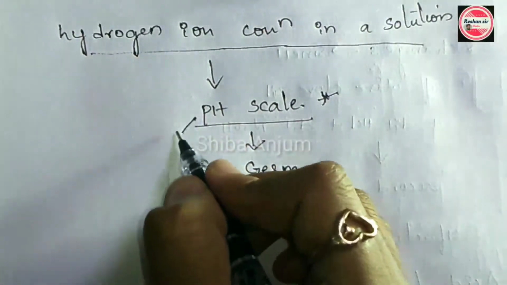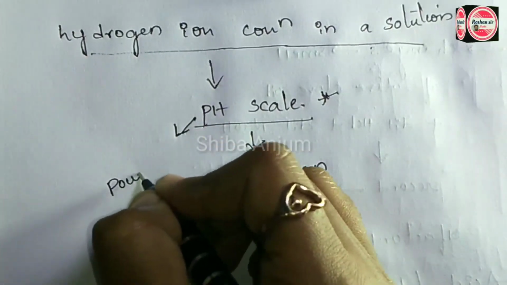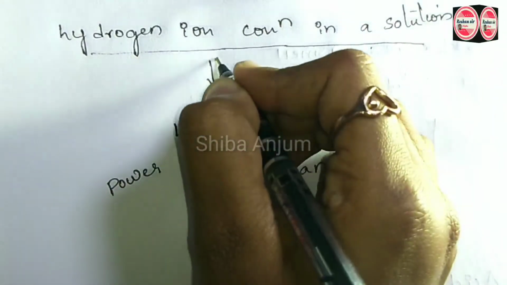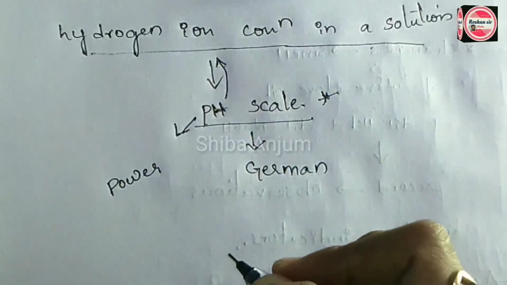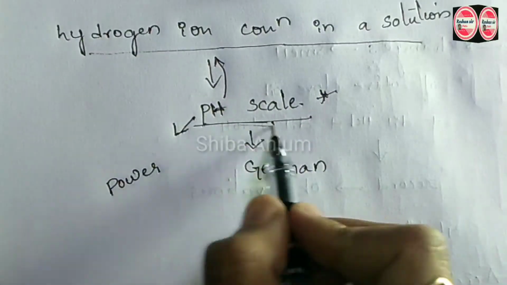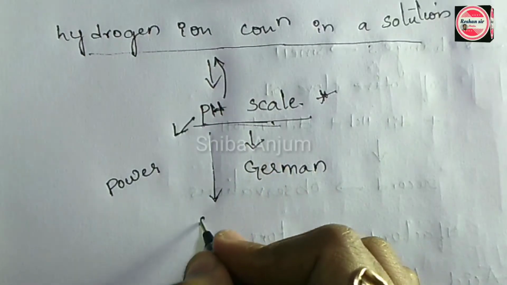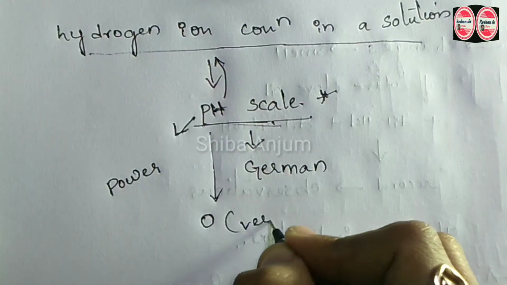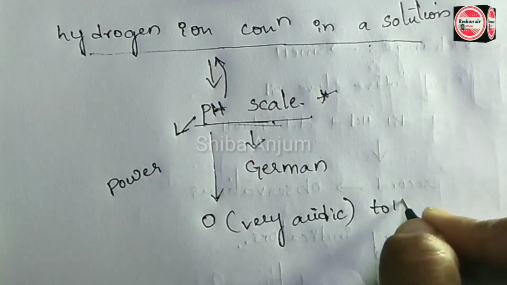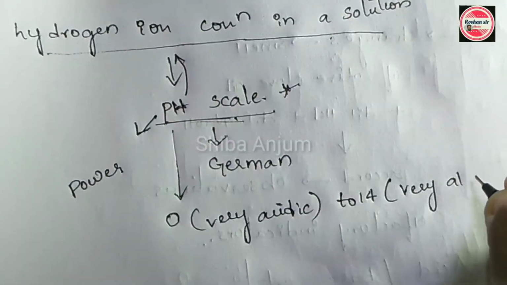In common words, this P indicates power, and H means hydrogen ions. On the pH scale, we can measure pH generally from 0, very acidic, to 14, very alkaline.